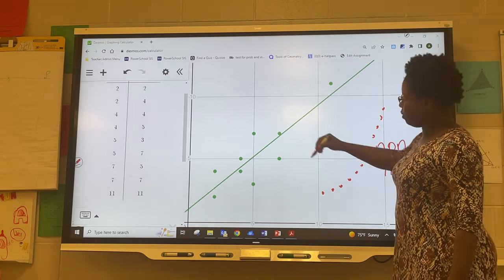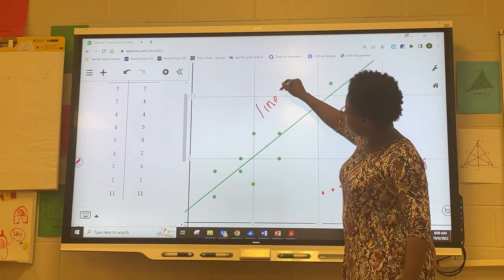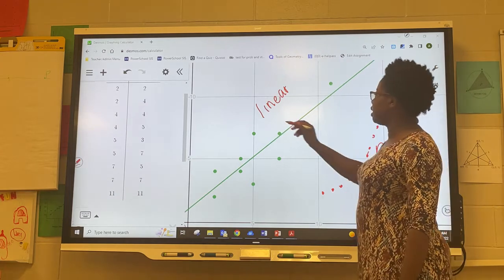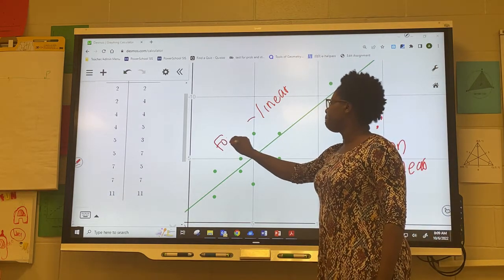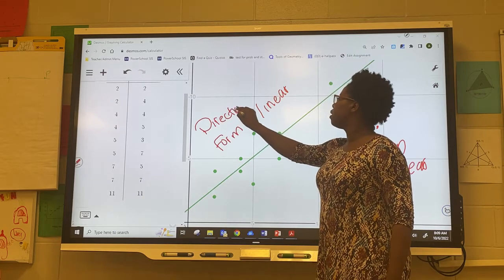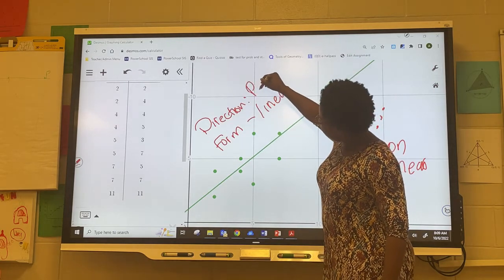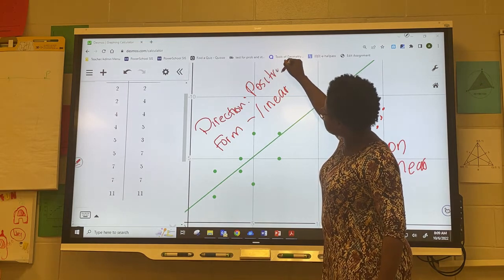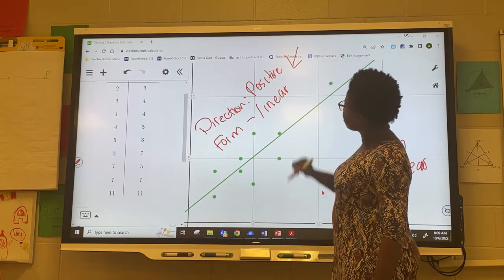And the other one, which is this one, is linear. So it's going to be linear for the form. For the direction, we mentioned it was positive. And how do we know it's positive? Because both values are increasing.